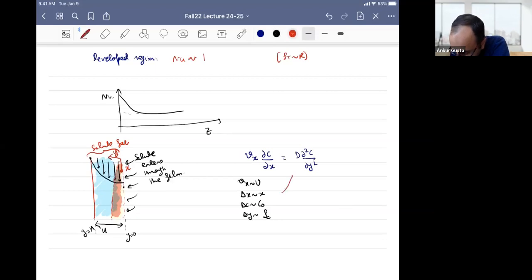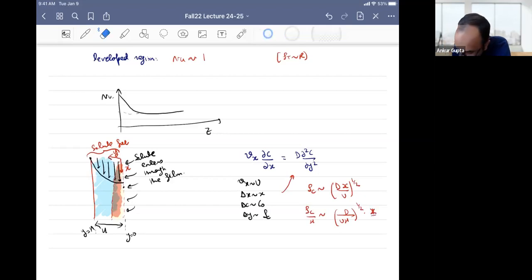And you just do delta x is x, delta c is c naught, delta y is delta c. And if you plug all of this in, I believe delta c comes out to be (Dx by u) raised to the power of half. So you will get it to be (u h by D) into (x by h) raised to the power of half.